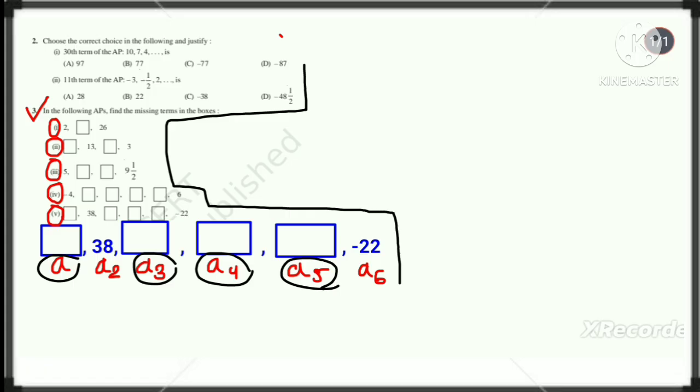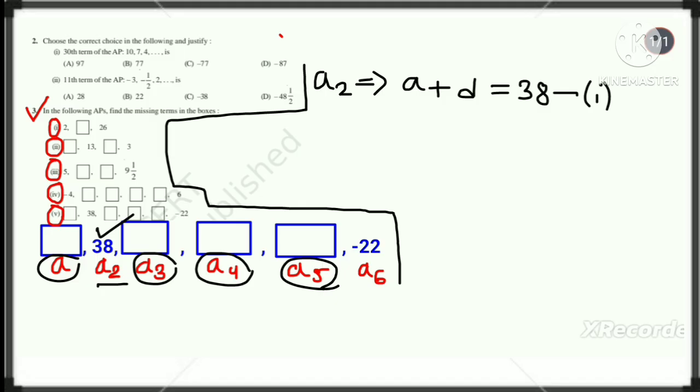According to the general form of AP, this A2 can be written as A plus D, and it is equal to 38, and this is our first equation.